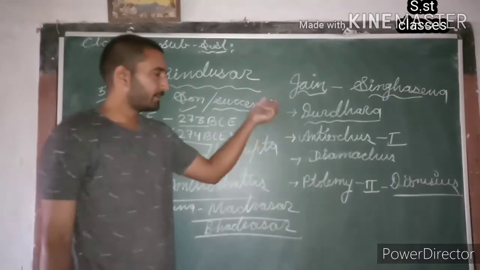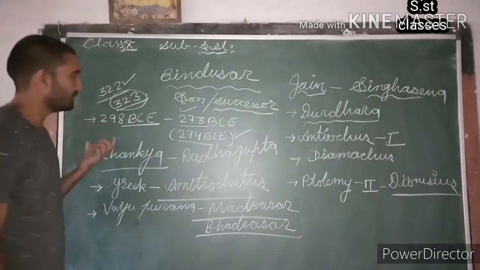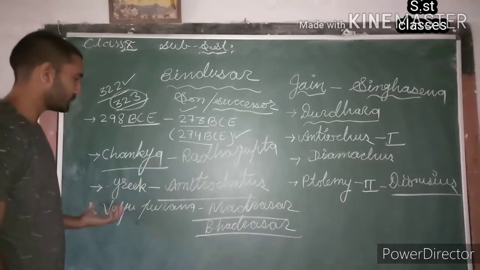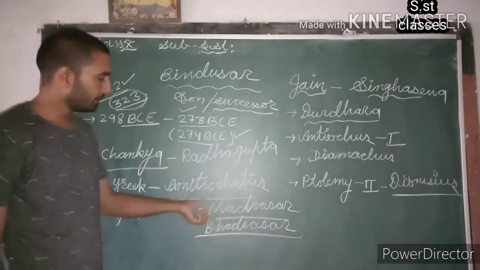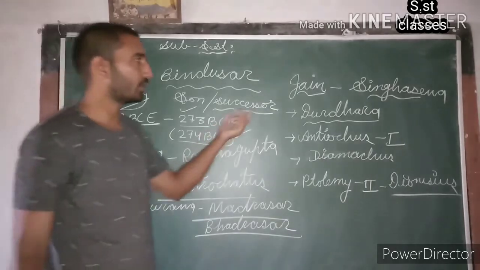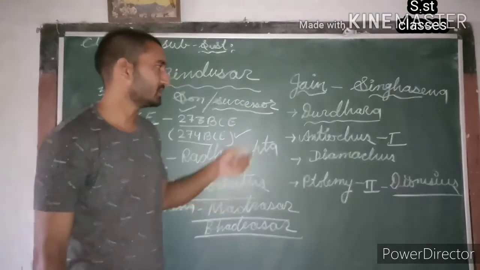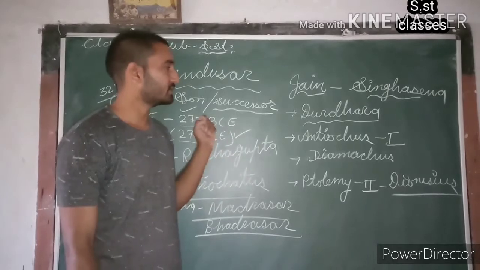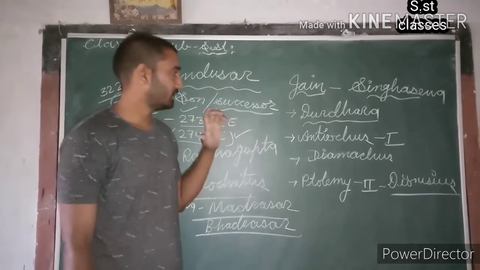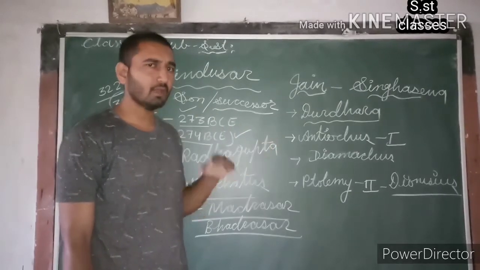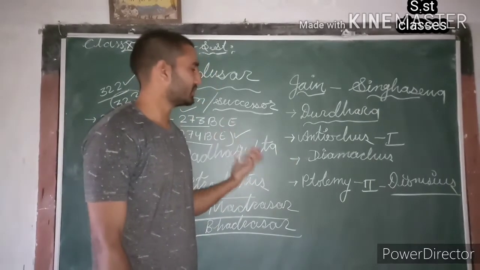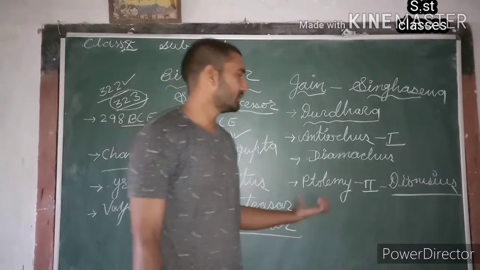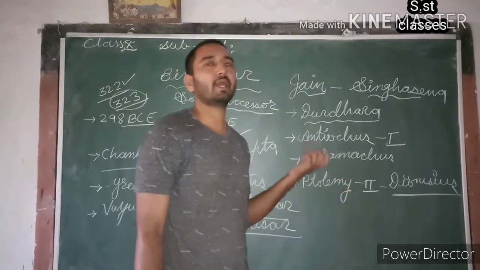So the name of Bindusar according to Greek texts was Amithrocatus, according to the Vayu Puran Madrasa, and according to Jain text Singsen. His mother's name was Durdhara, and the foreign rulers appointed their ambassadors in his court: Antiochus I appointed Diametus, and Ptolemy II appointed Dionysius.